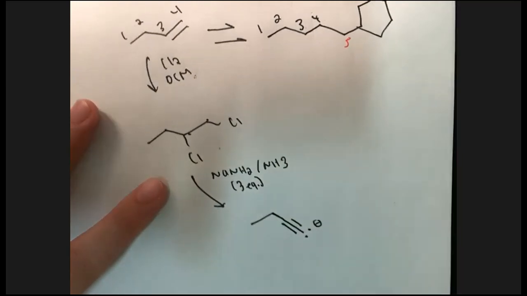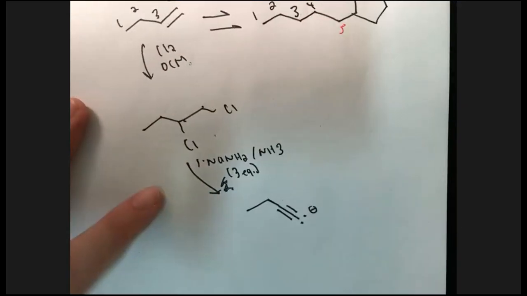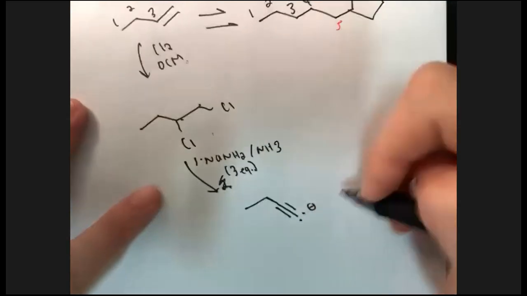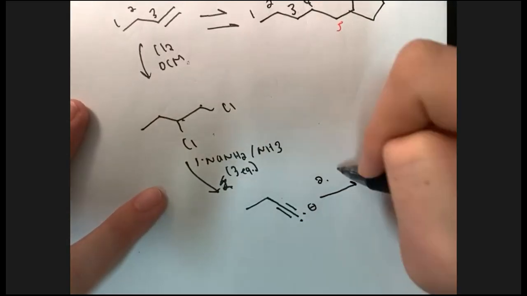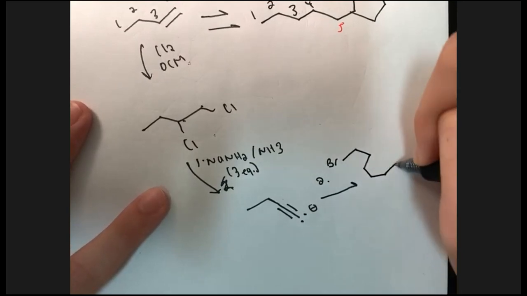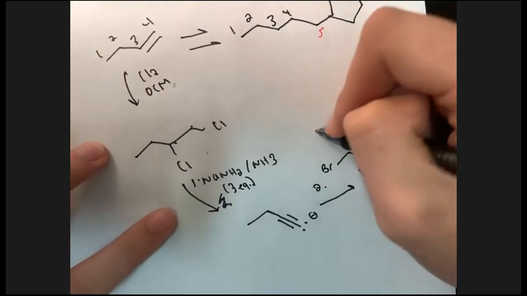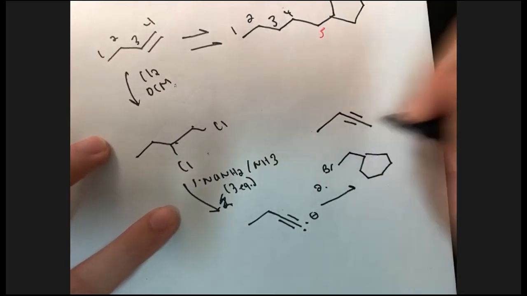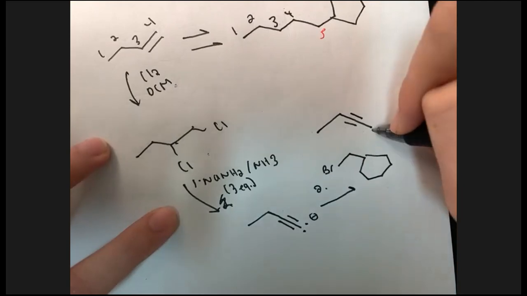That's step 1. Step 2, you can either do in 2 distinct steps or put them together, is this 1 carbon electrophile, and that's carbon 5. The resulting structure is going to be this 5 and then the ring.